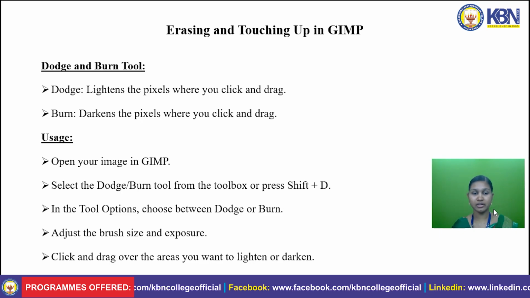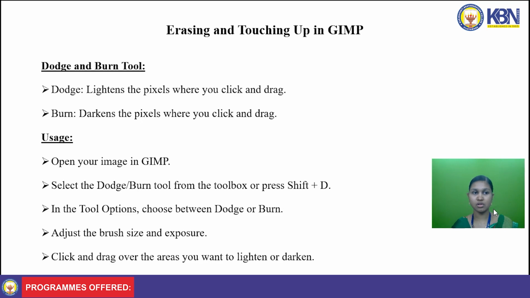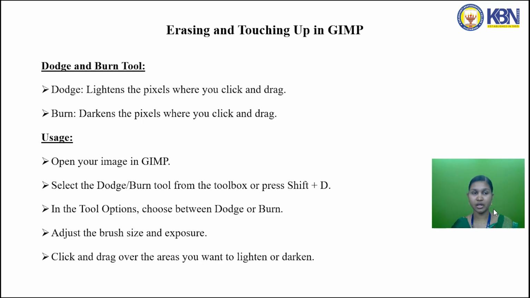Then click and drag over the areas where you want to lighten or darken the pixels. This is similar to cropping, but you lighten and darken. These tools are used from the image menu, and we call it the dodge and burn tool.